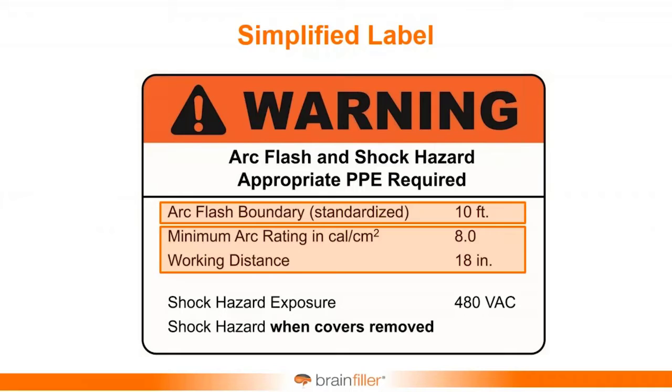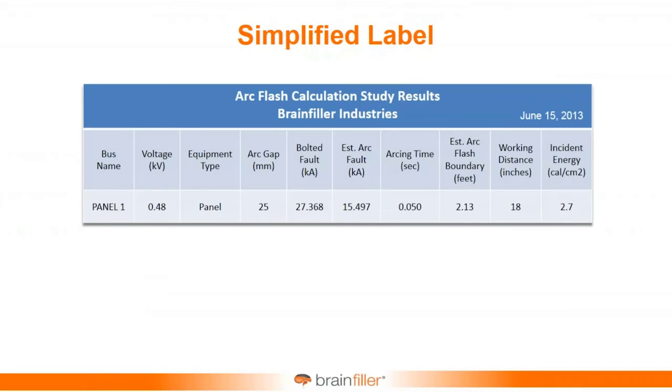Now, you want to add the working distance. I can't emphasize that enough. That's not required in 70E, but my view is you need to know that arc rating, what distance that's associated with. And then, of course, the shock hazard. Now, what makes this so much simpler is when you perform an arc flash study, you're going to have a certain incident energy at a certain working distance.